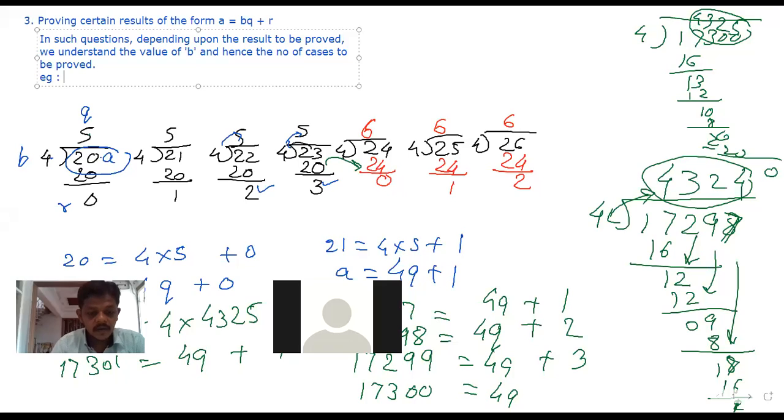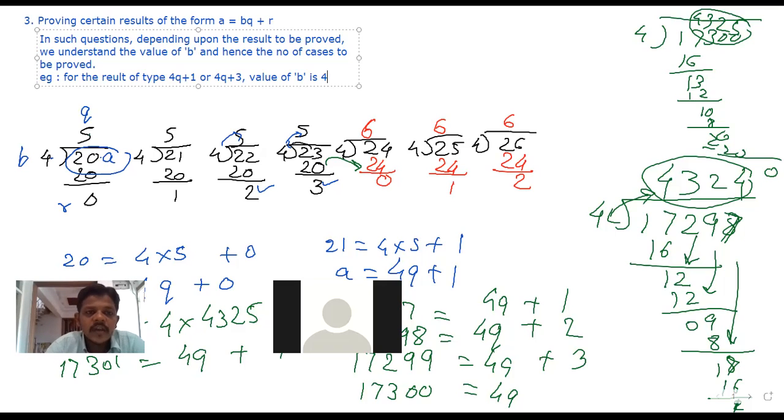Example: for the result of type 4q plus 1 or 4q plus 3, what is the value of b in this? It is 4.